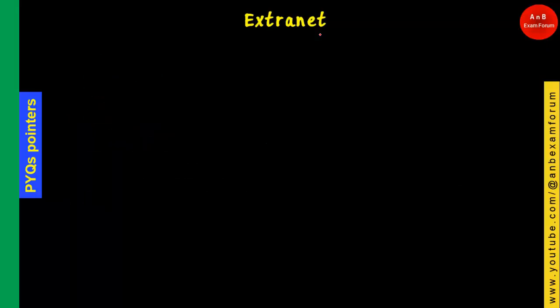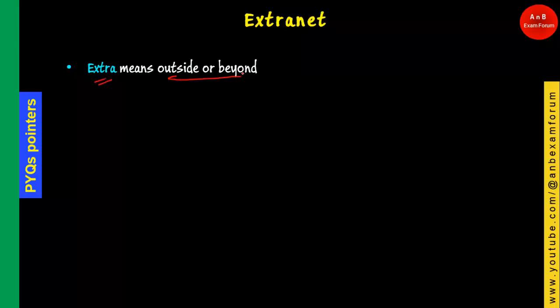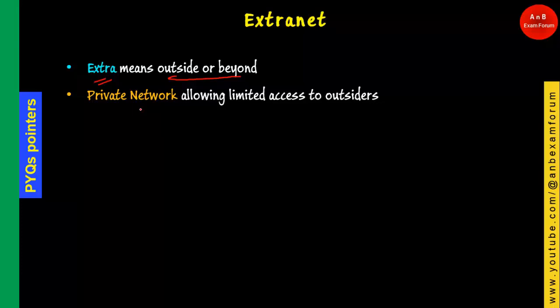The next one is extranet. Extra means outside or beyond. So again it is a private network, but it allows limited access to outsiders. It is very important. It is similar to intranet, but sometimes we need to communicate with outer world members also. So in that case, they provide some access to the outsider also.